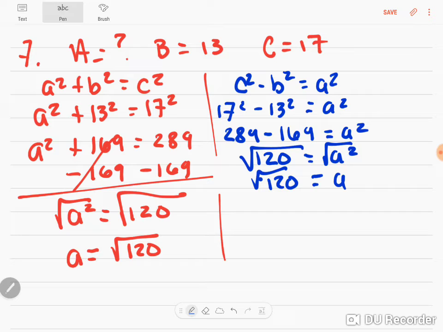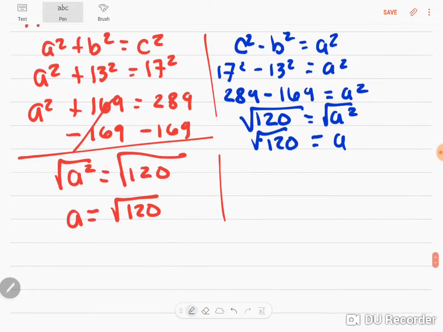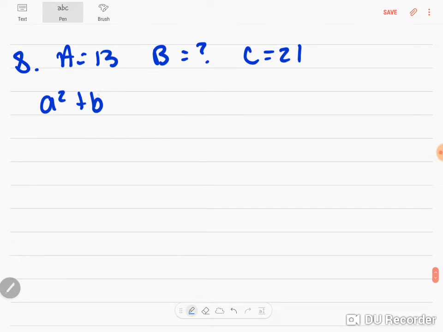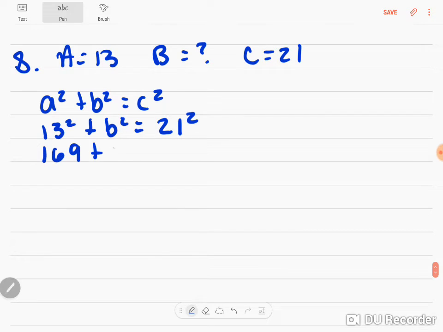All right. Number 8 says A is equal to 13, B is equal to we don't know, and C is equal to 21. A squared plus B squared is equal to C squared. 13 squared plus B squared is equal to 21 squared. 13 squared is 169 plus B squared is equal to 441.